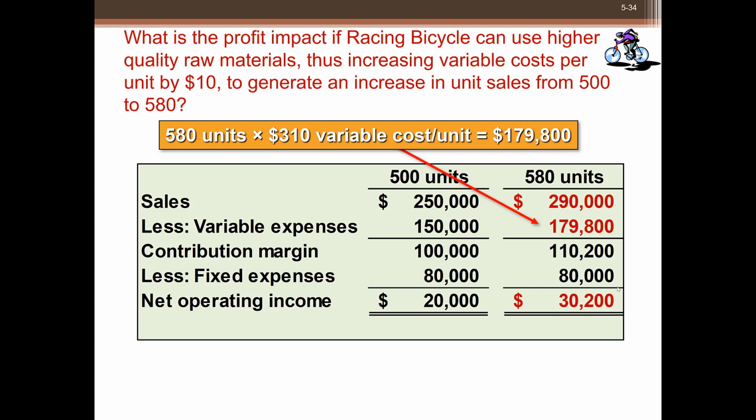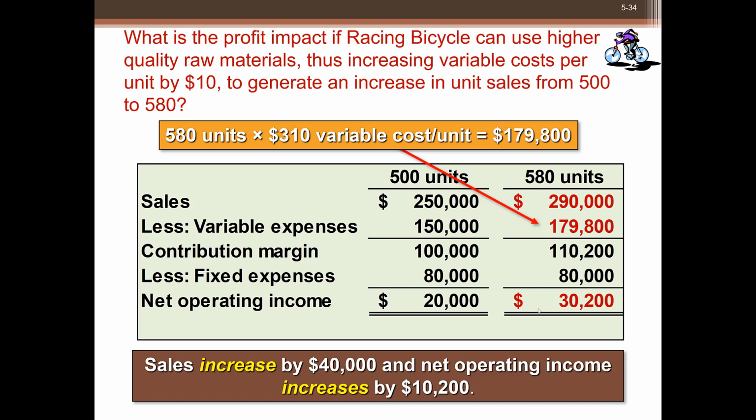So we can get net operating income of $30,200 compared to $20,000. It increased. Here, sales increased by $40,000, from $290,000 minus $250,000. And net operating income increases by $10,200. So this is a good decision.